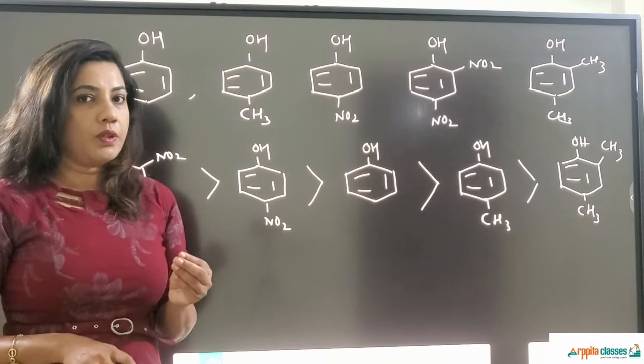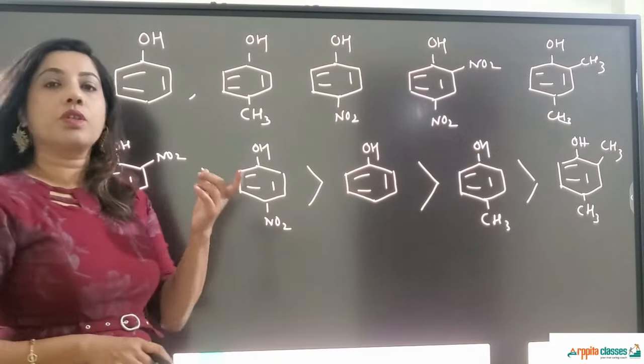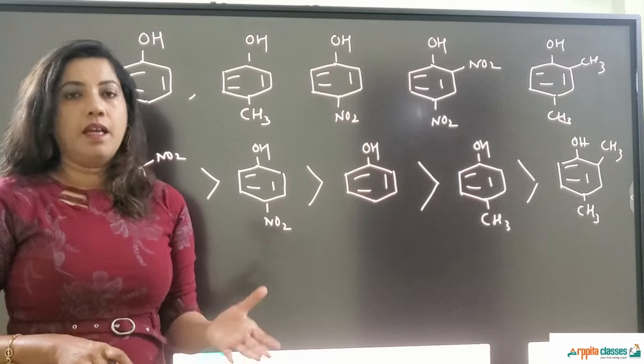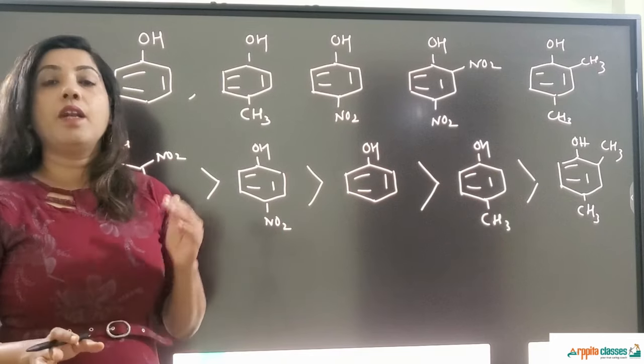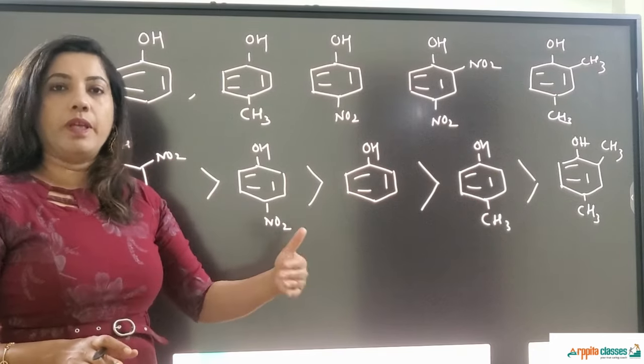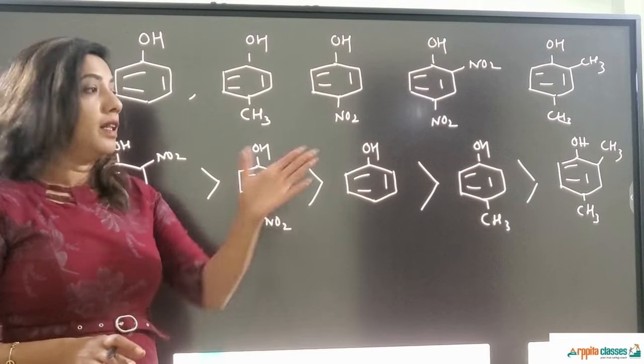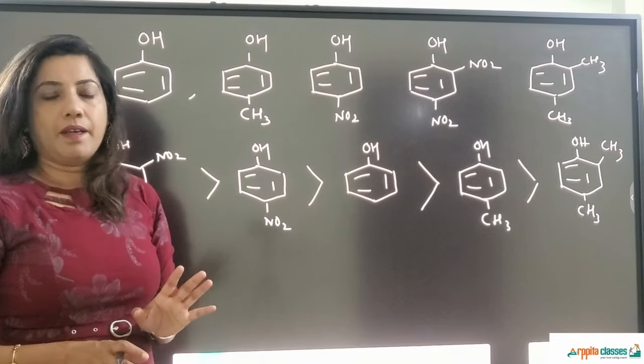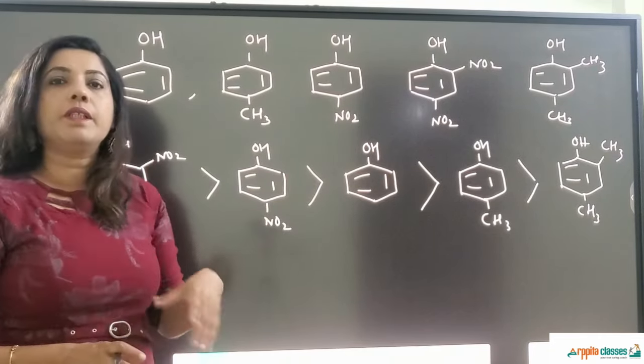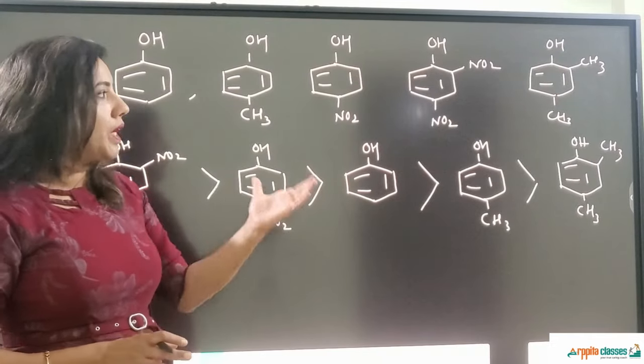So what is our takeaway today? The first thing is that the stability of the conjugate base increases the acidic strength, and not the ease with which the H+ ion is released. If the H+ ion is releasing with ease, that means the conjugate base is stable somehow. So we need to look for the factor which is giving stability to the conjugate base.